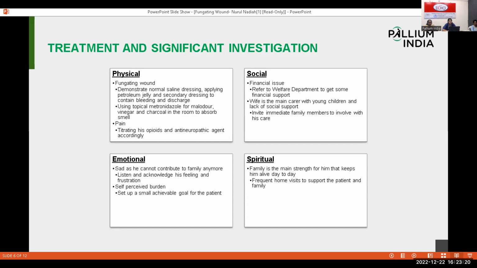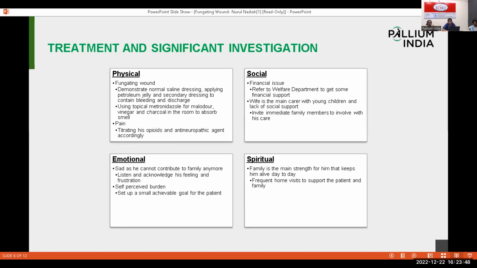Another thing is to try to use normal saline for cleaning the wound. Normal saline is the best solution for cleaning the wound. If you use any other solutions, it is not going to be helpful to the patient's wound, because it is not able to heal.